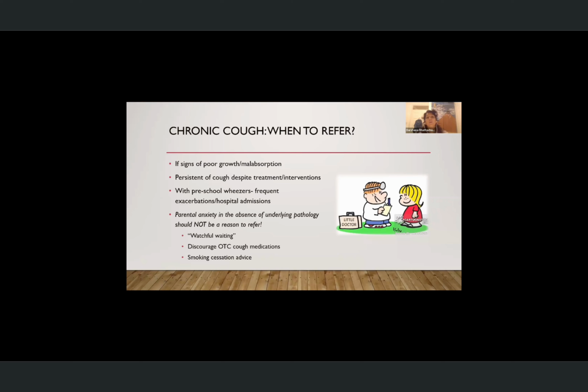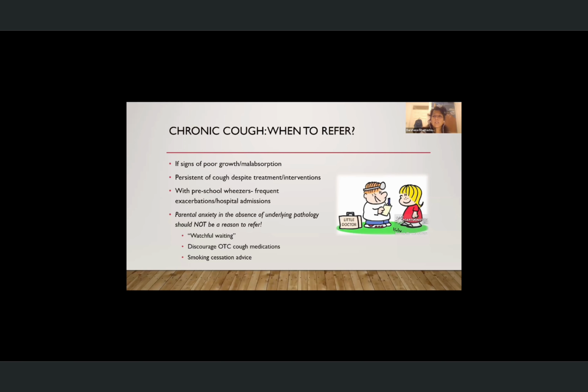Parental anxiety on the whole shouldn't be a reason to refer if you have a child that is reassuring in their clinical picture, with an absence of obvious underlying pathology. The way to reassure parents in this tricky situation is to explain that a period of observation or watchful waiting is quite helpful, especially if you are waiting for any investigations to come back.